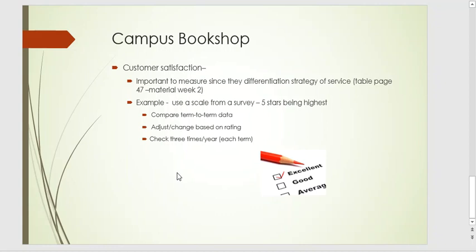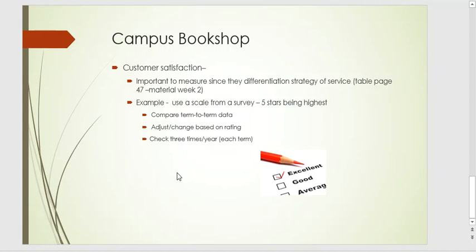So if you go back to the reading materials found in week 2 and look at the table on page 47, that's going to tell you all the different operational strategies that are out there. So it's differentiation, response time or responsiveness, or cost. These are the business strategies that businesses use to compete.